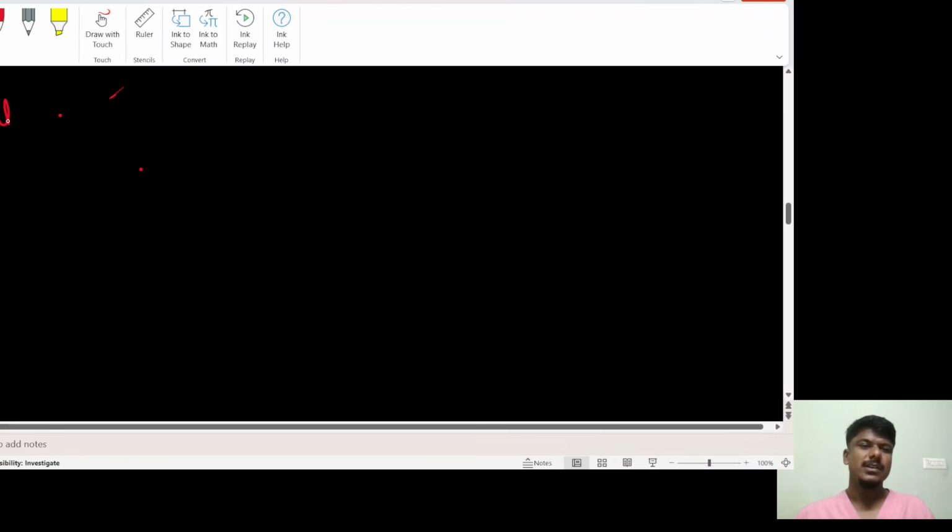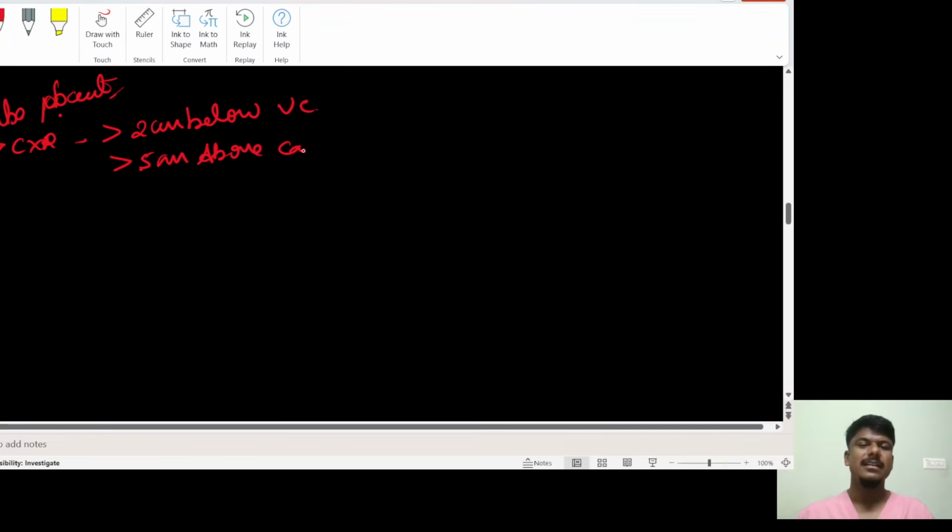So we're coming to the tube placement. First one, chest X-ray. As I told, it will be 2 centimeter below the vocal cord and 5 centimeter above the carina. After you intubate the patient successfully, you start to ventilate the patient.